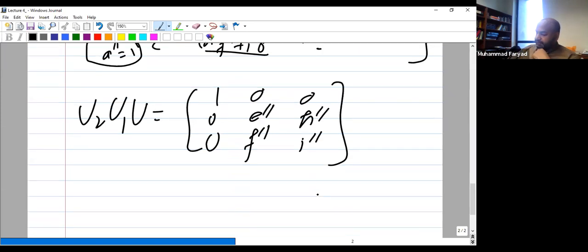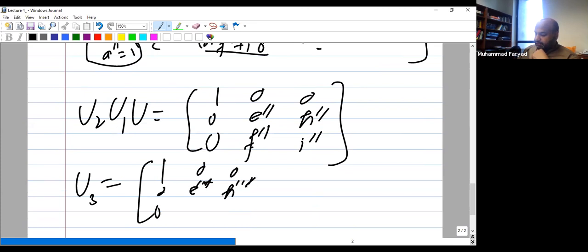And then the third element, U3, can be just the conjugate transpose of this part, 1, 0, 0, 0, 0, star, H star, sorry, this is F, because I have to transpose them to make sure that this is the inverse of this, and I conjugate.